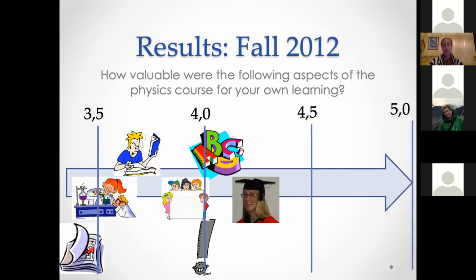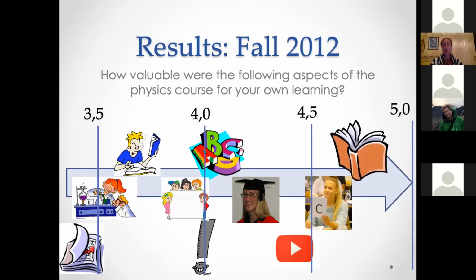There were my mini lectures based on the specific things students really needed help with. Watching YouTube videos before coming to class. Peer instruction was very popular, but to everybody's surprise, the most valuable aspect of the course was reading the textbook before coming to class.